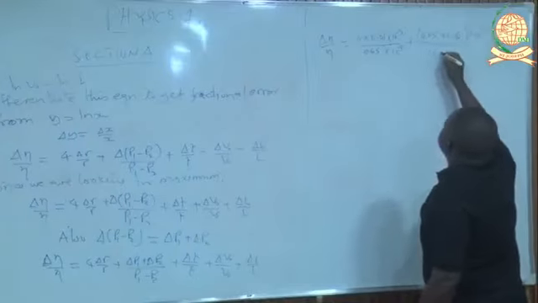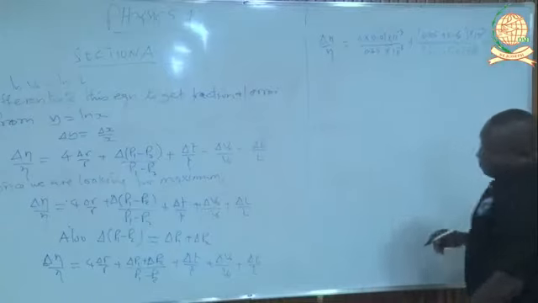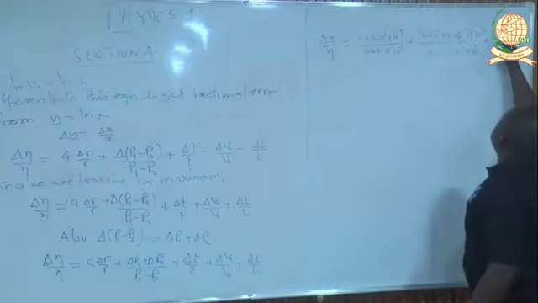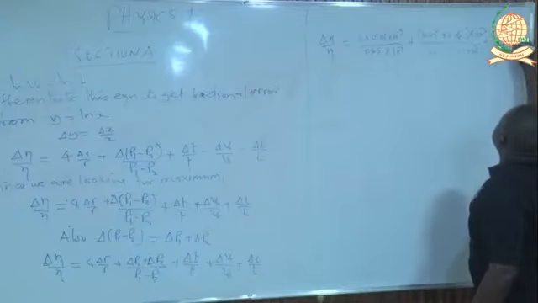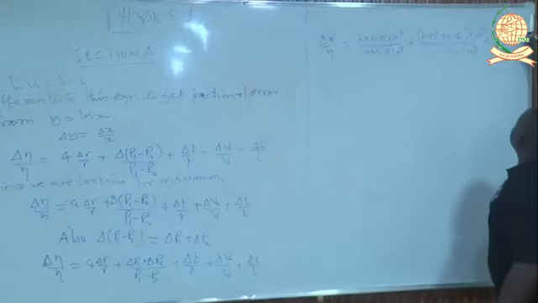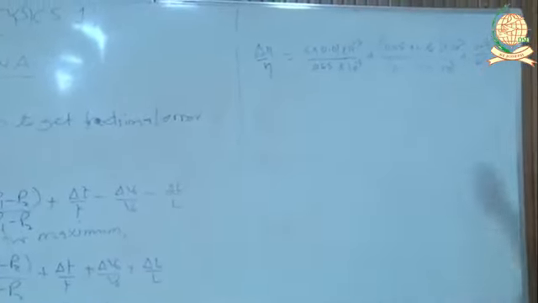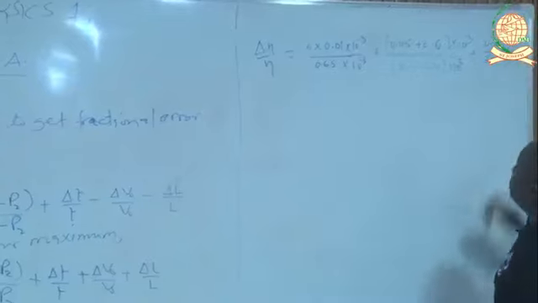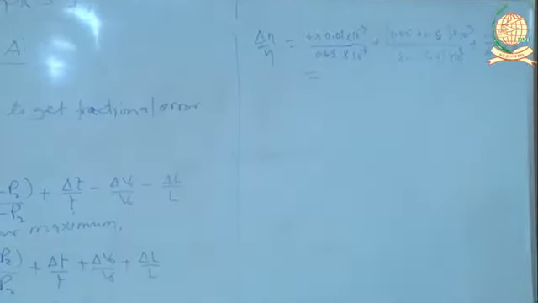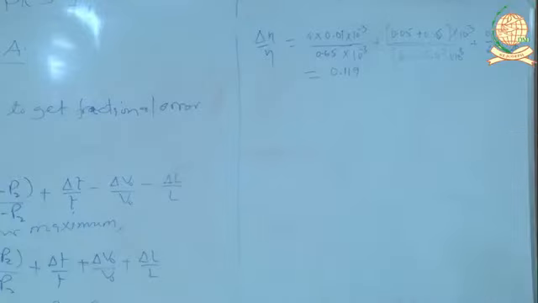The pressure difference is 8.1 minus 5.4, plus error in time 0.2, the time is 60, plus error in the length, which is 0.1 over length, which is 26. So in simplifying, you get 0.119.